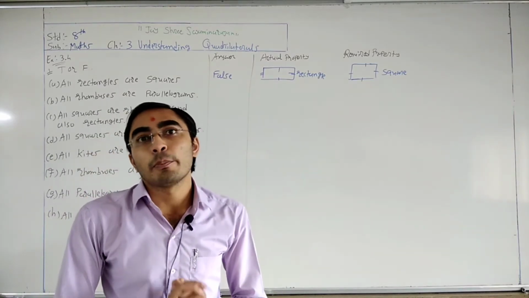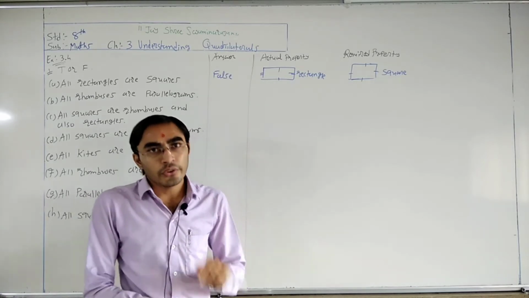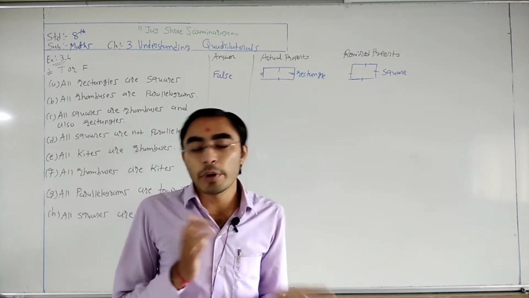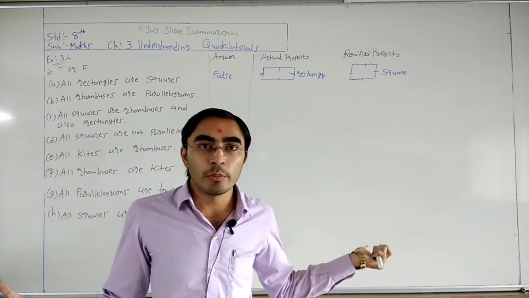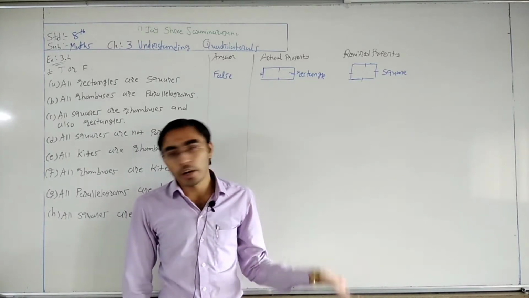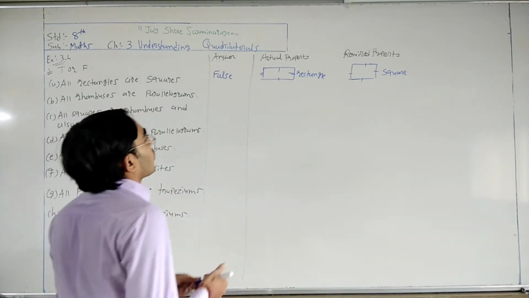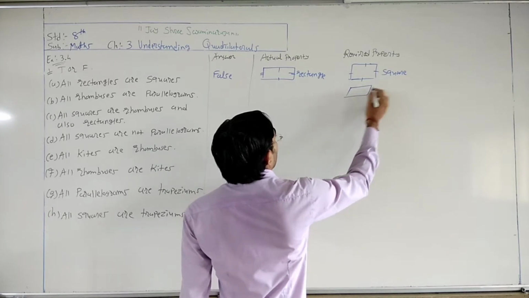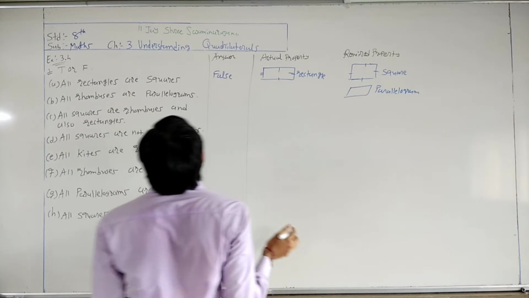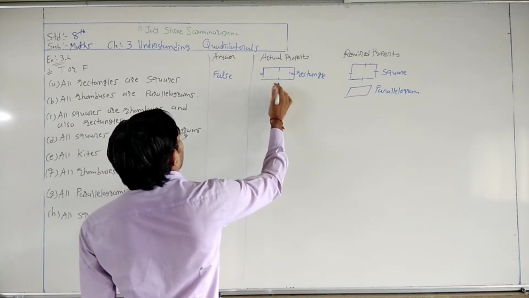Second, all rhombuses are parallelograms. We already learned that a rhombus is one type of parallelogram. So definitely all rhombuses are parallelograms. Here the required property is parallelogram, and we have rhombus.